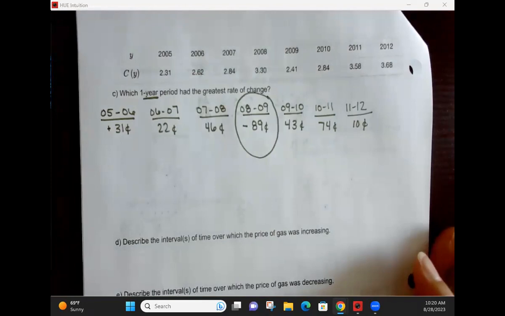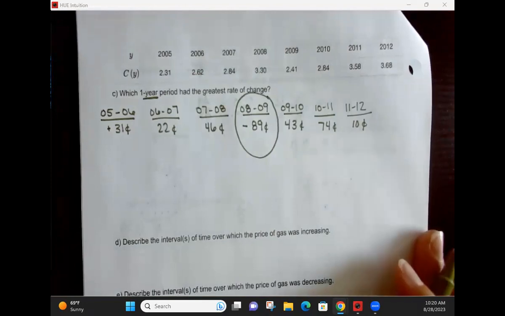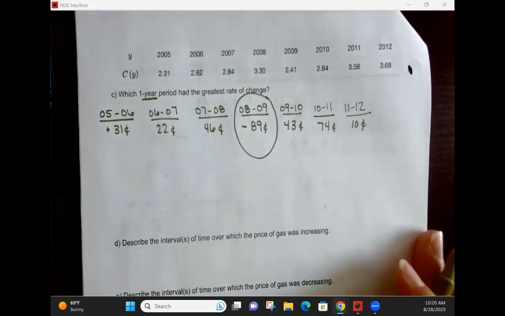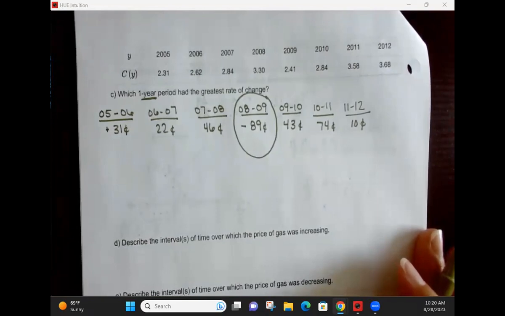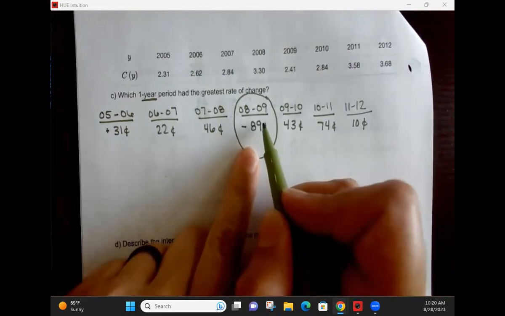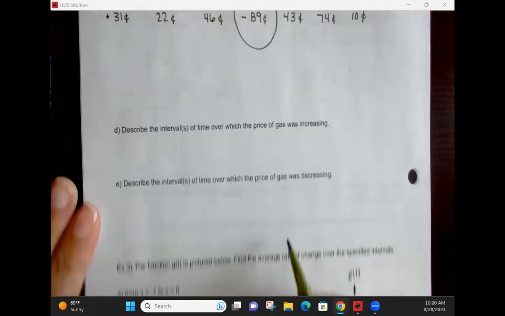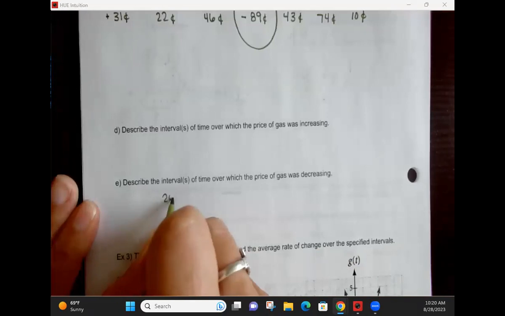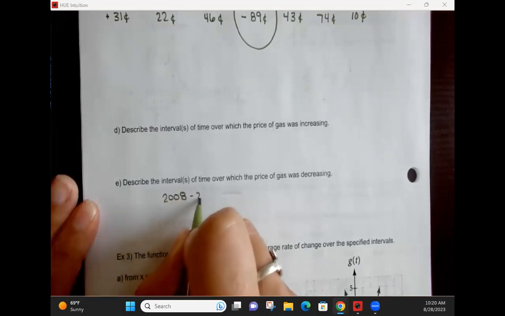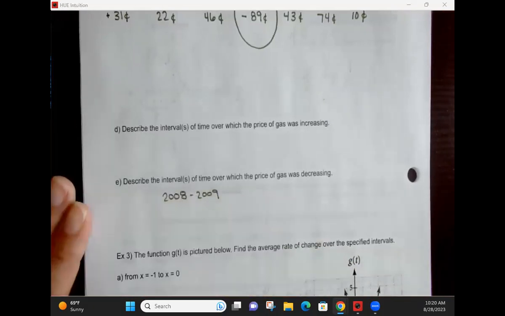Okay. Interval of time over which the price of gas was increasing. Well, that would be definitely not this, right? Definitely not 08 to 09. That works for decreasing. So from 2008 to 2009, the price of gas was decreasing.